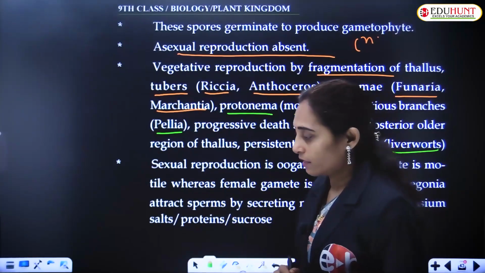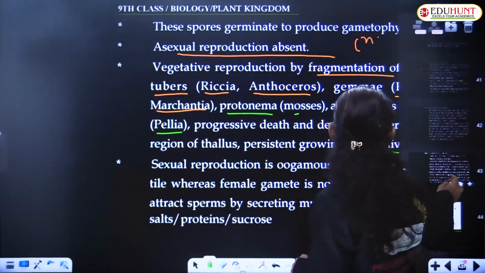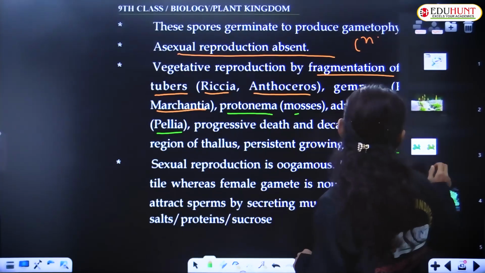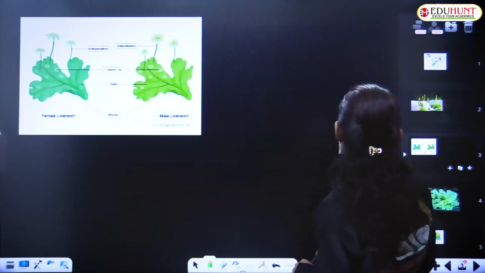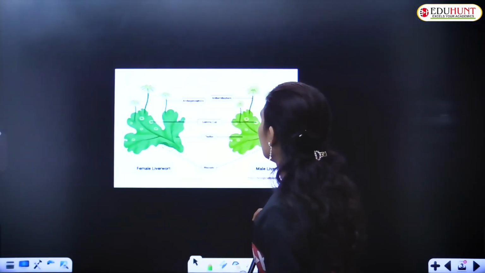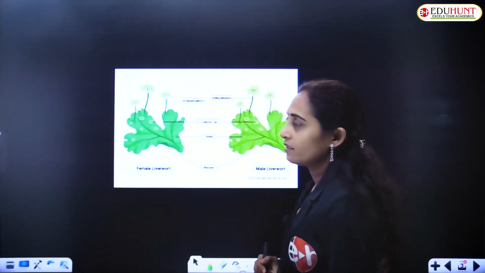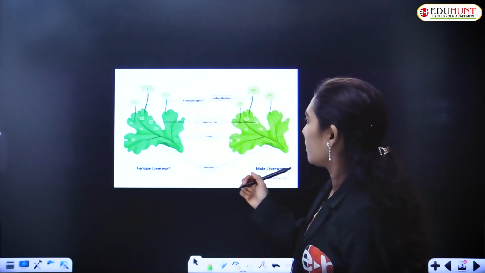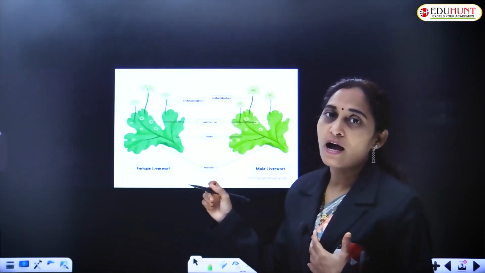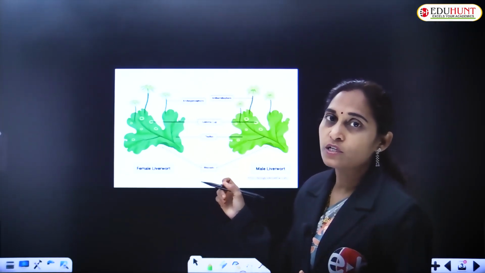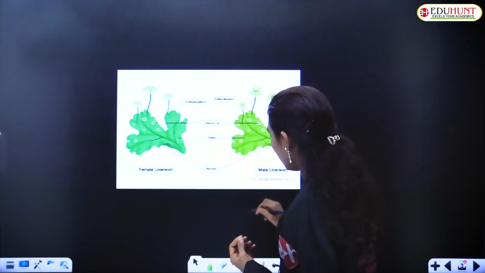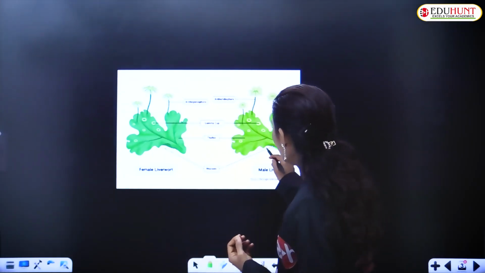especially in liverworts. Liverworts, I'll show you the picture of liverworts. Yes, these are liverworts. Liver, because they resemble a liver structure, since our liver has lobes, and this also has lobes like a liver.